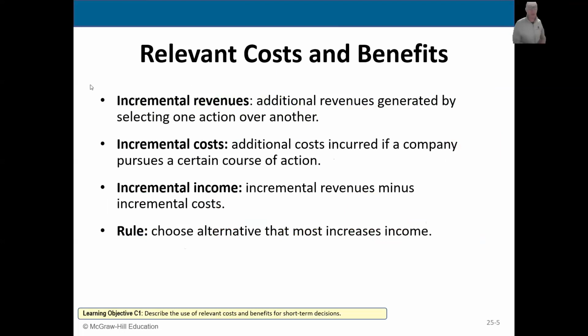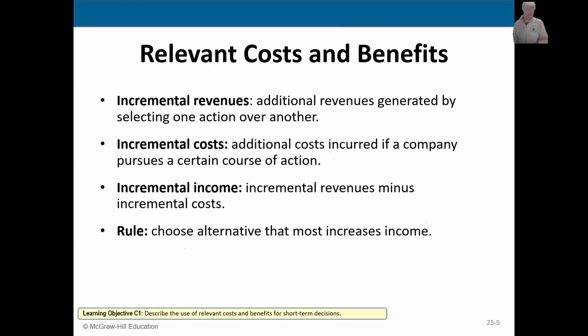So in looking at relevant costs, we need to understand the different types of costs. Some of these you already know, and some of these might be somewhat new to you. First, we look at what's called incremental revenue. The word incremental means addition. Incremental revenue is the additional revenue generated by selecting one of the options over another.